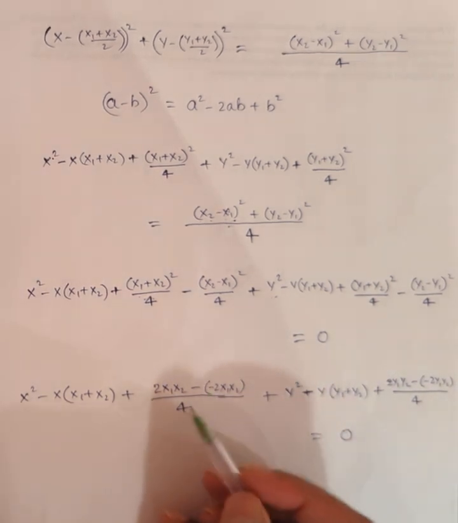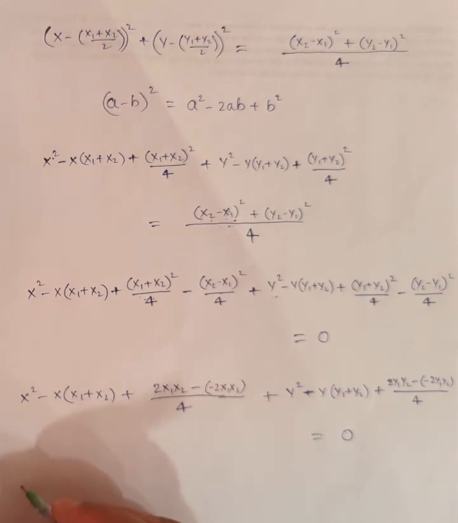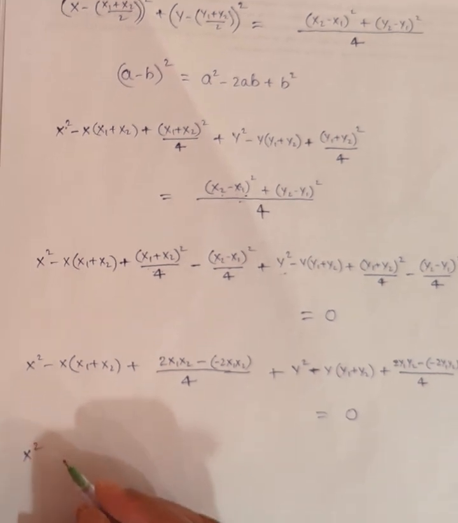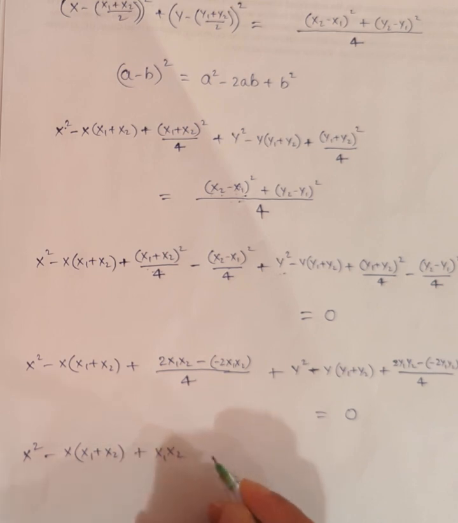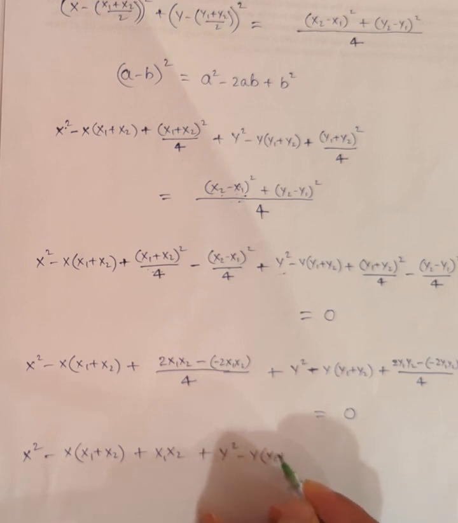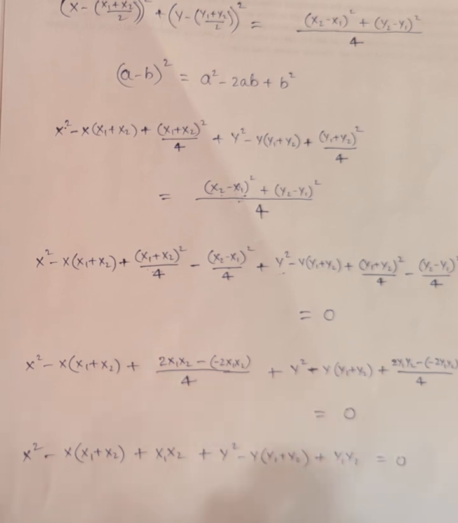So let's go ahead and simplify. This is going to be 4 x1 x2 divided by 4, so that's just x1 x2. So what I have is x squared minus x times (x1 plus x2) plus x1 x2. And then here I have y squared minus y times (y1 plus y2) plus y1 y2 is equal to 0.